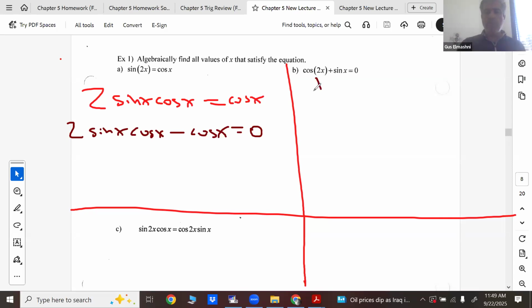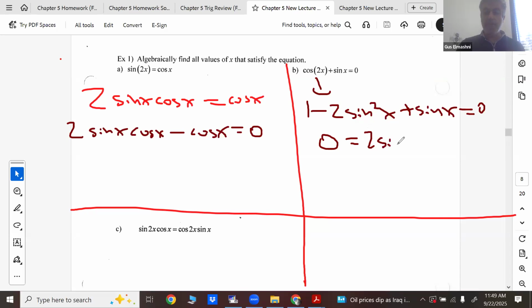So the variation I would use for this one would be 1 minus 2 sine squared x. And what kind of factoring am I going to do here? Treat it like a quadratic. You're probably going to want to move all terms from left to right. Treat it like a quadratic. Yeah, minus 1.